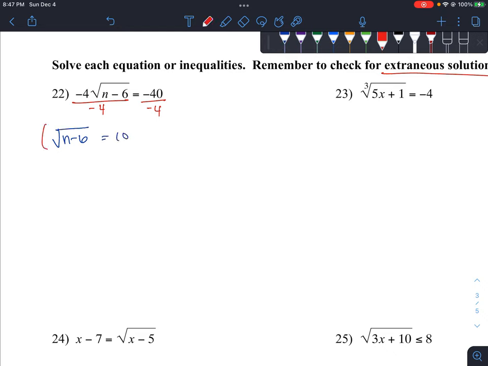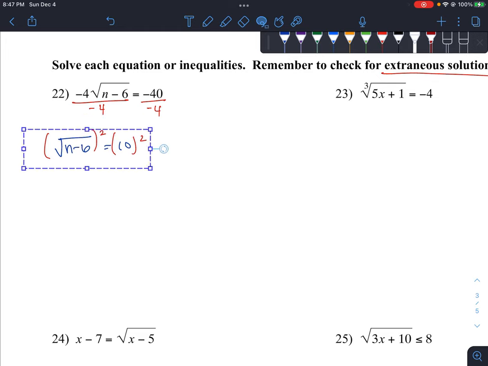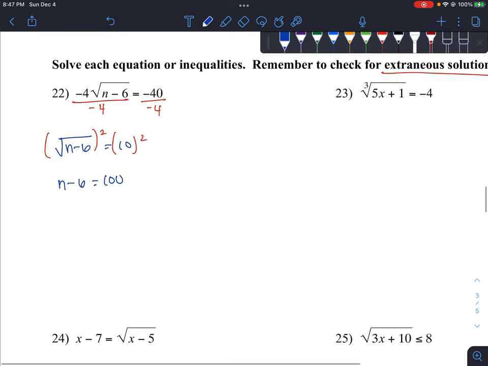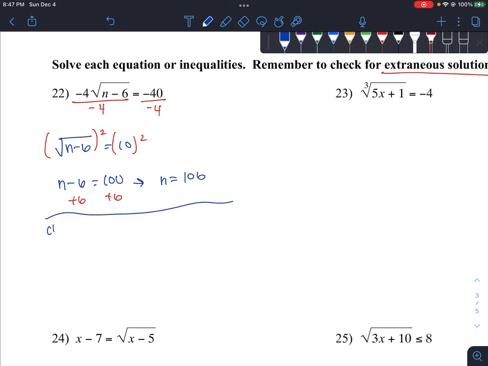And then I'm going to want to square both sides. Then I get n minus 6 is equal to 100. And then I'm going to add 6 and add 6. So then I get n is equal to 106. And if you needed to, you can do a check, which I do recommend doing.